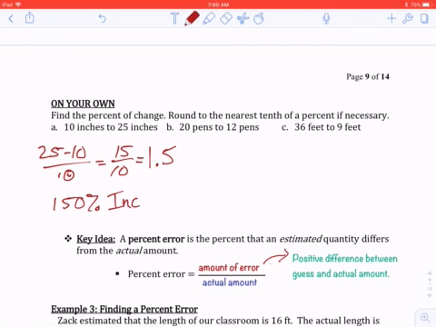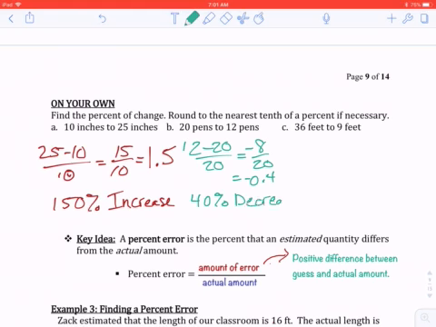Okay, so this first one here, I ended up with a positive 1.5, so I know it's a 150% increase. Part B, I ended up again with another negative 0.4, so I know it's a 40% decrease.